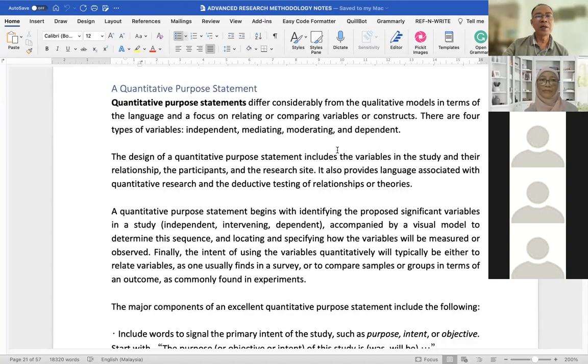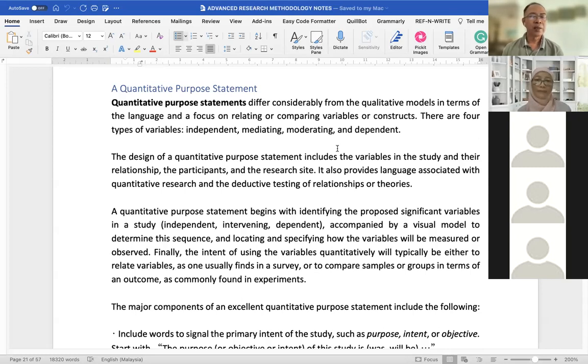Okay, now let's go to quantitative research. So, purpose statement in quantitative research. Quantitative purpose statements differ considerably from qualitative research in terms of the language and focus on relating or comparing variables or constructs. So unlike the qualitative, in quantitative research, we need to develop the theoretical framework of the study, right?